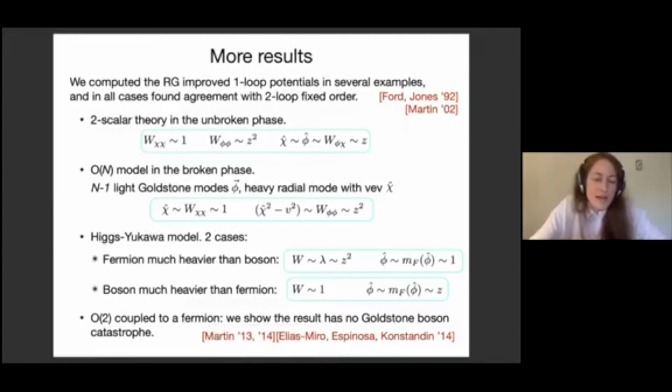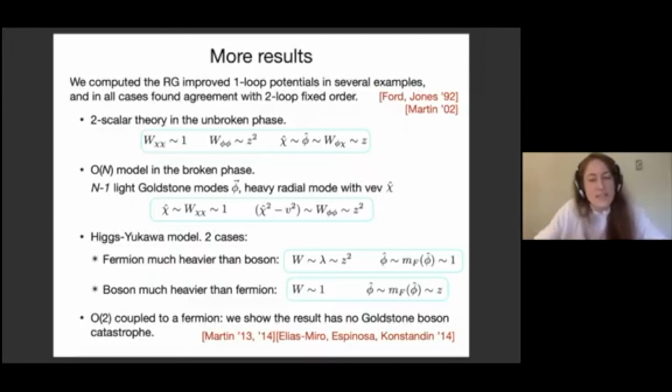And so this is what we did, and looking to the future, first of all, there are some obvious generalizations that you can do. Our formalism you could extend to the gauge case.